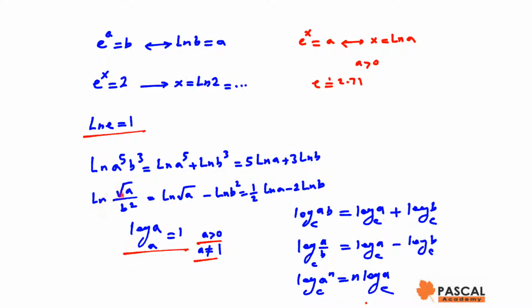Similarly, ln of square root of a over b^2 is ln of square root of a minus ln of b^2. Log of division is subtraction of logs. The exponent of a is 1 over 2. Therefore, ln of square root of a is 1 over 2 ln of a, and ln of b^2 is 2 ln of b.